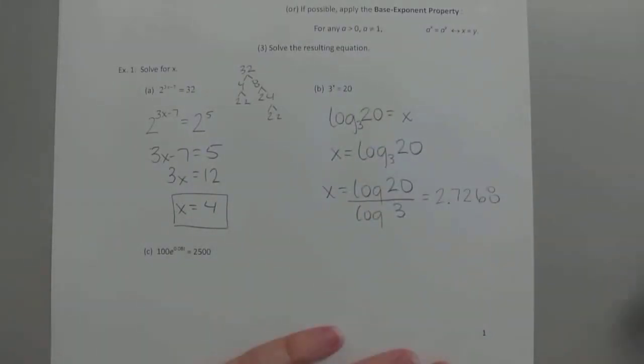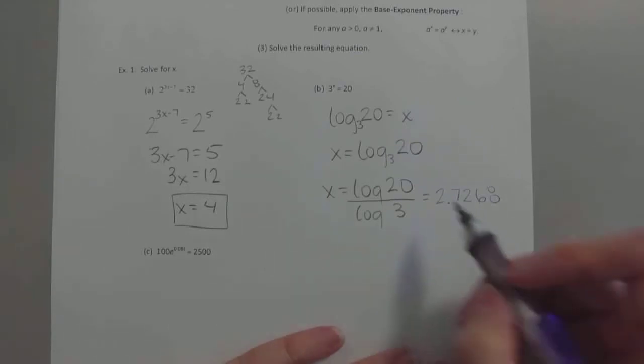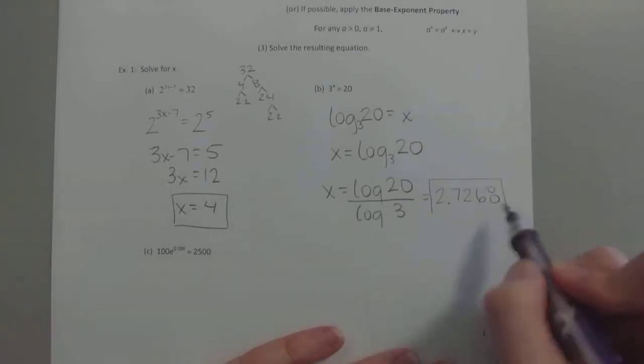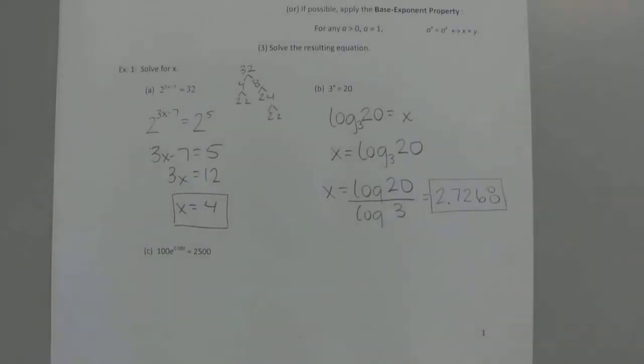2.7268. Remember, what we just found was the exponent to which we have to raise 3 to get 20 perfectly. One way to check it is if you've already done your change of base formula and you have that crazy decimal, you can actually do 3 caret answer, hit enter, and hope that you get 20.